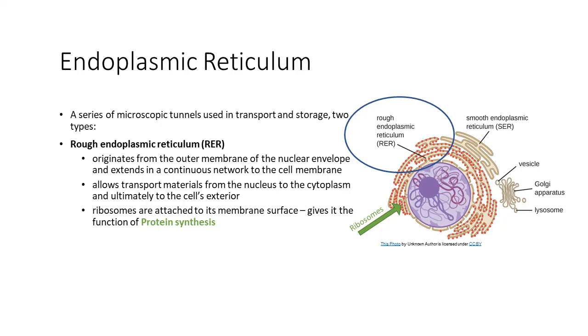So the rough ER, in particular, has these ribosomes, and the ribosomes are the site for protein synthesis. We're going to learn more about that in our genetics chapter. All you need to know right now is that because of the ribosomes on it, the rough ER is not only for transport and storage, but it is also for protein synthesis.